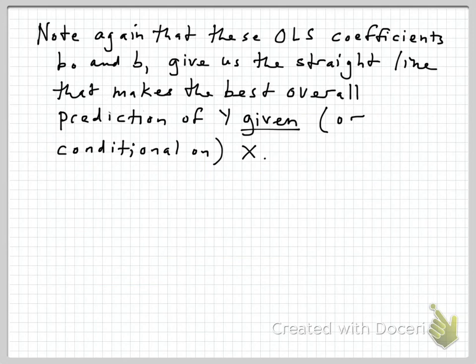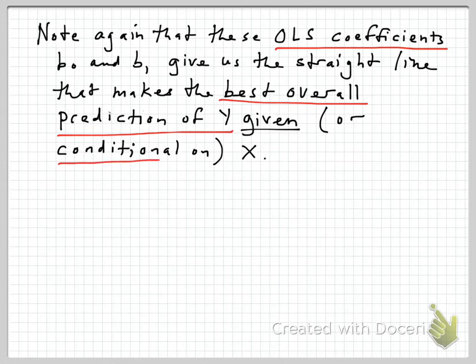And just to reiterate, note again the special property of these OLS coefficients, the intercept and the slope, b0 and b1. They give us the straight line that makes the best overall prediction of y, that is, of the weight of the cat, given or conditional on the x value, in this case the food intake of the cat.